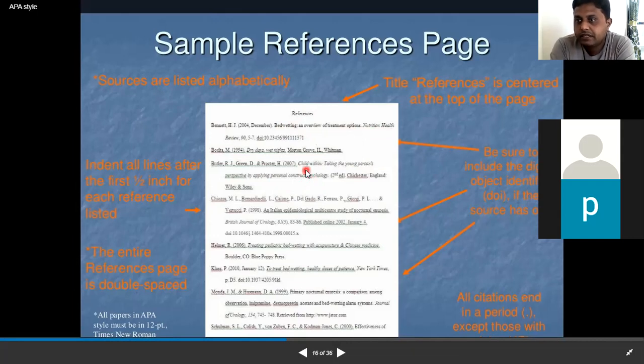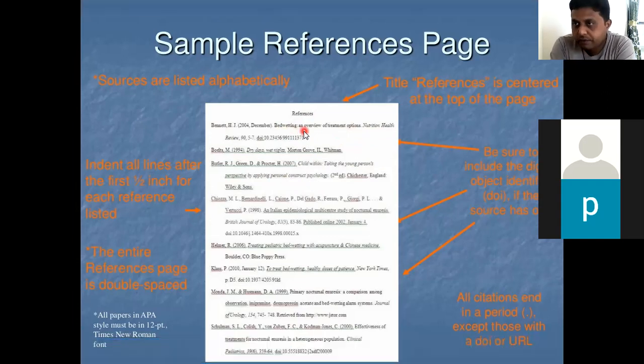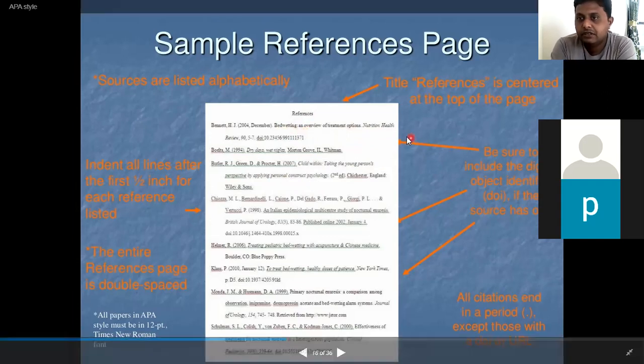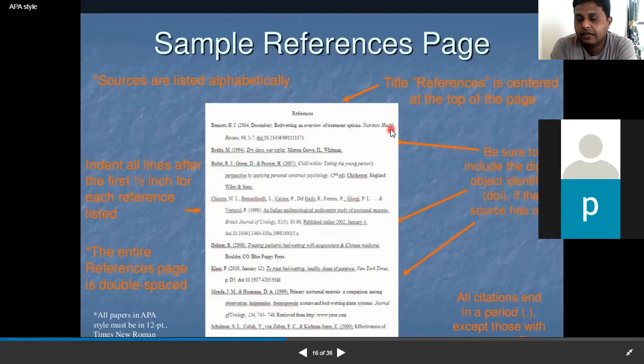That's why it is in italics. So in the case of an article taken from some journal, the title of the article should not be in italics. The title of the journal should be in italics. That's the thing. So in this case, this is the title of the chapter.